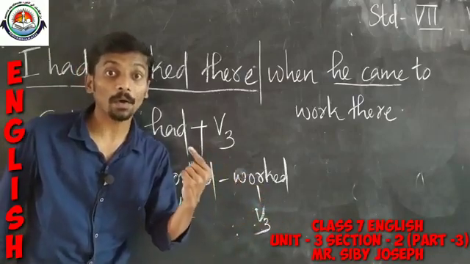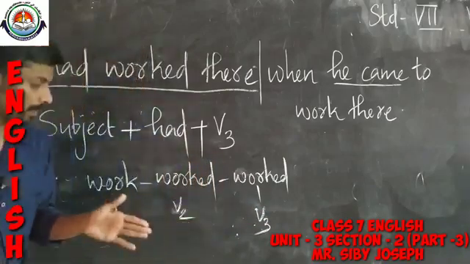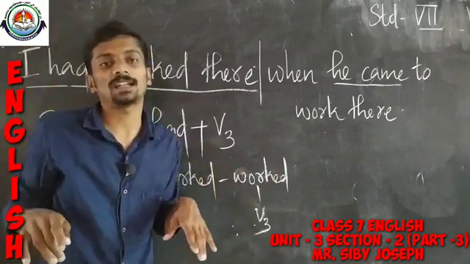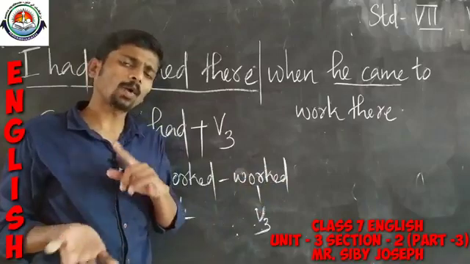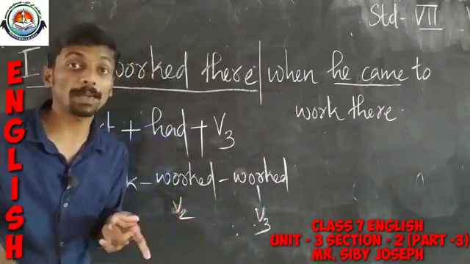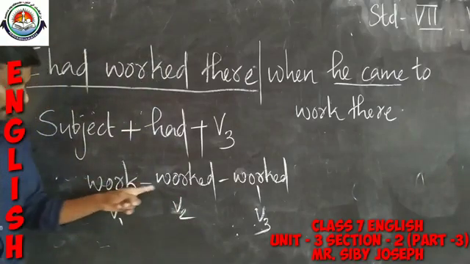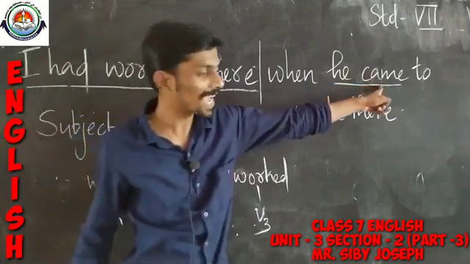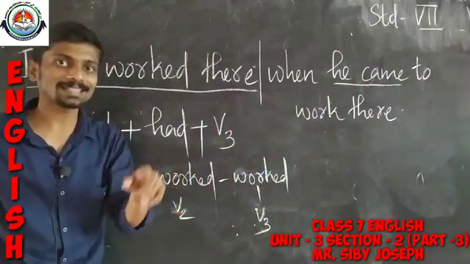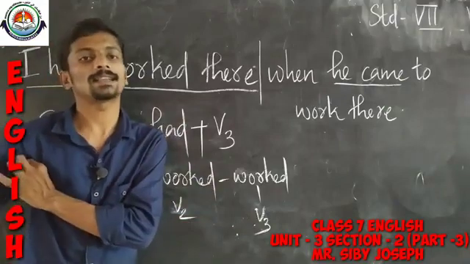So it is an example of words having three different forms, V1, V2 and V3 entirely different from each other. Now come back to the word come, C-O-M-E. What is the V1 form of come? Come. What is the V2 form? Came. And what is the V3 form? Again come. That is what I said just now, that in some cases V1 and V3 are the same.